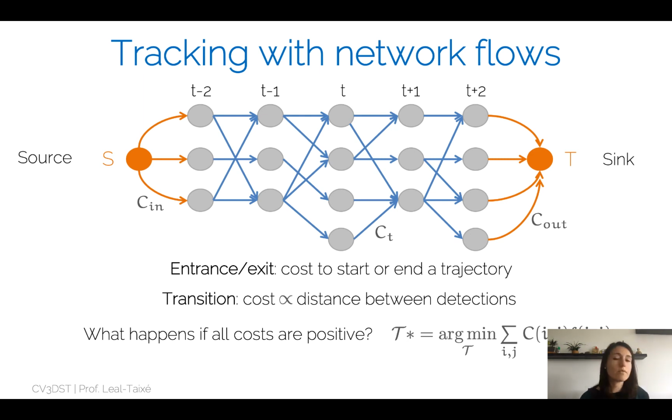If I were analyzing a football match where I know exactly how many players and referees are in the scene, I could solve this problem by setting a number of flow units to be sent from source to sink. But in my general scenario where I don't know the number of pedestrians, this is not an option.